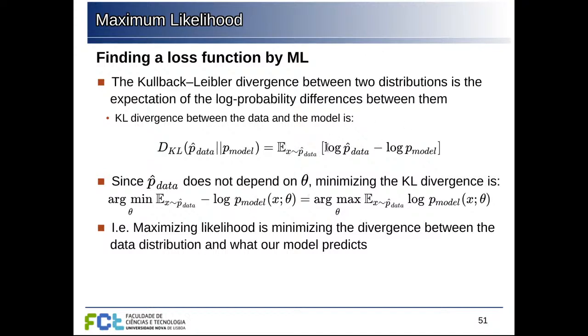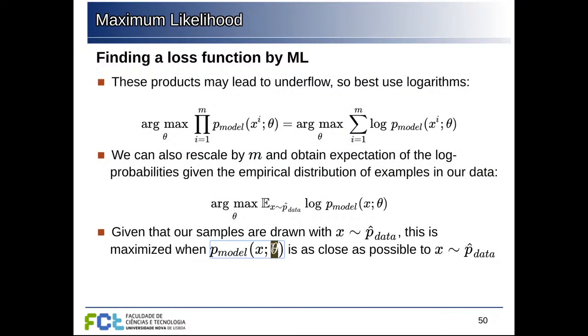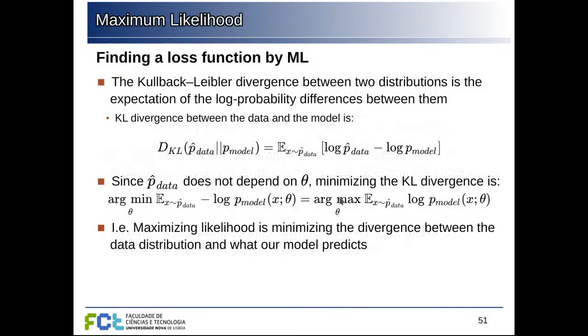So basically we are looking at the difference between the logarithm of the probability of the data and the logarithm of the probability given by the model. But since the probability of the data does not depend on our parameters, only the model depends on the parameters we're trying to optimize, this ends up being the same thing.